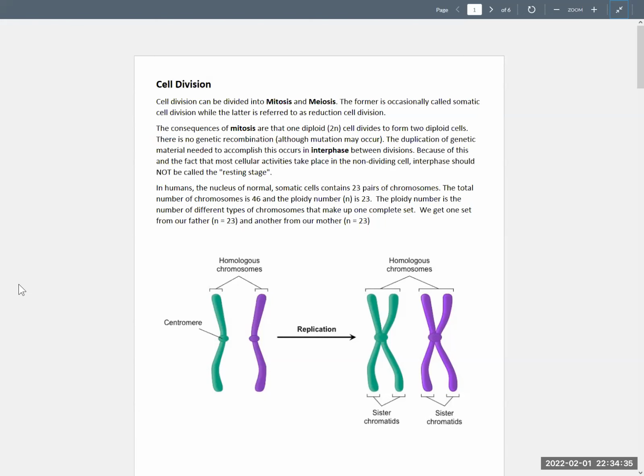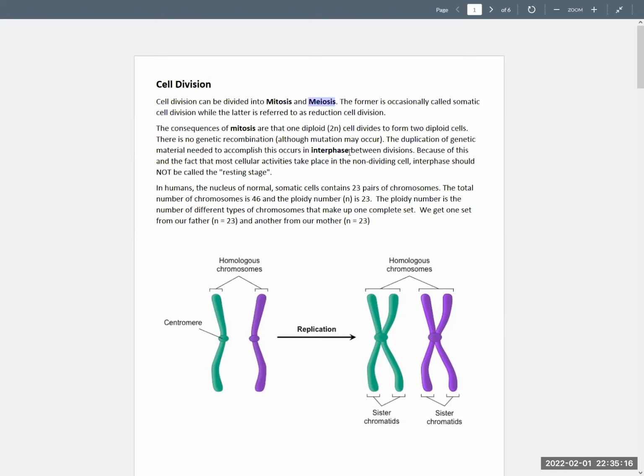Mitosis is sometimes called somatic cell division. Somatic means of the body, whereas meiosis is sometimes referred to as reduction cell division because the number of chromosomes is cut in half to form the gametes. The gametes each have half a complement of chromosomes. And when the gametes from the male and the female come together, it reconstitutes an entire set of chromosomes.